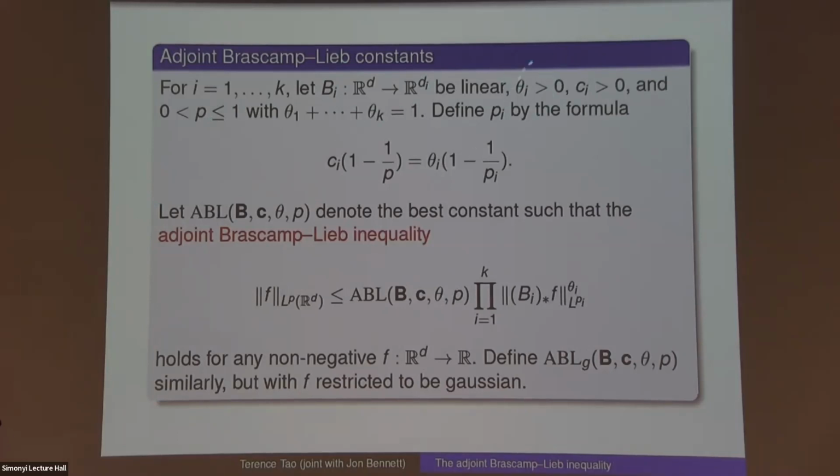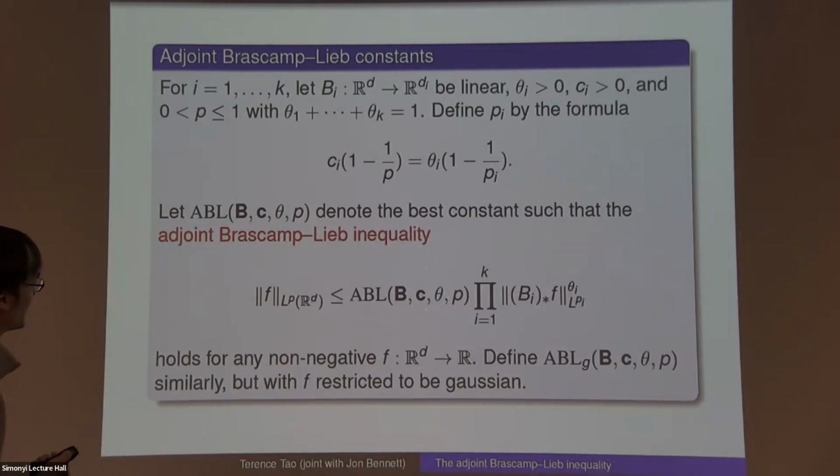We also now have some additional exponents theta_i, so we can weight the marginals in different ways, and then an additional exponent P. So there are now four pieces of data: the original Brascamp-Lieb data B and C, but then some other exponents theta and P. Once you have theta and P, there are some additional exponents p_i, which are related to all the previous data by a certain formula, which is displayed there, but you shouldn't pay attention to it.